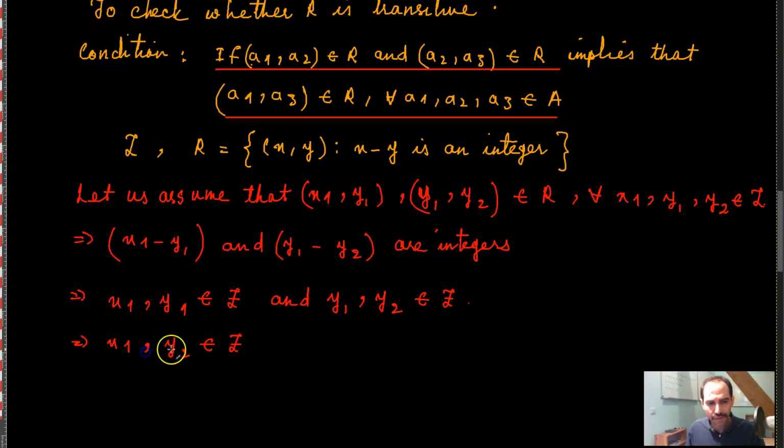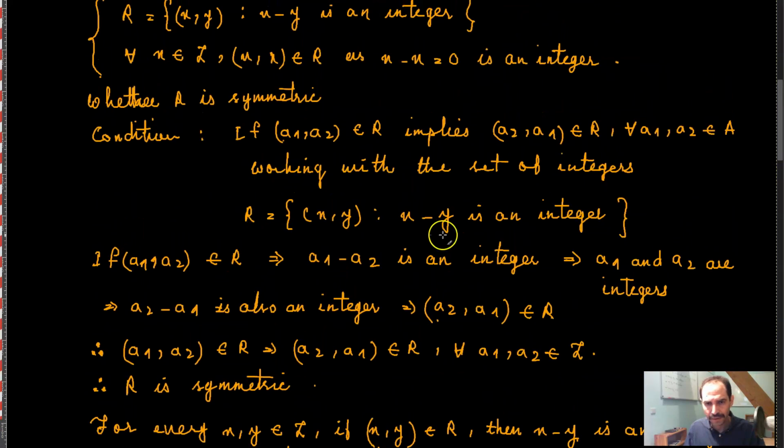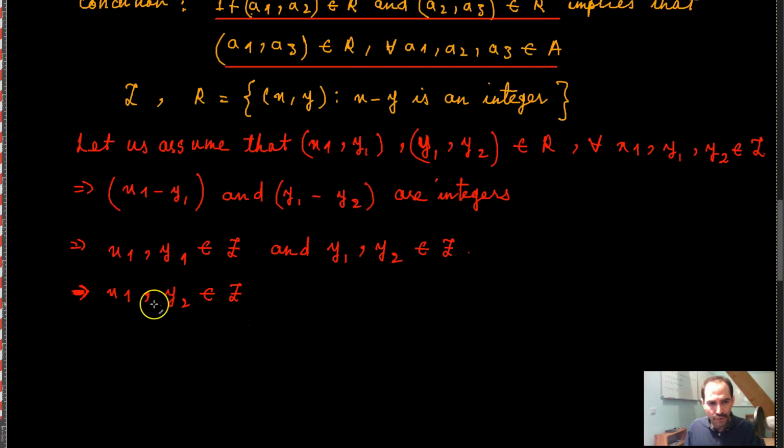If x1 and y2 belong to the set of integers, then again, based on the rule that x comma y belongs to R if x minus y is an integer, x1 minus y2 is an integer.